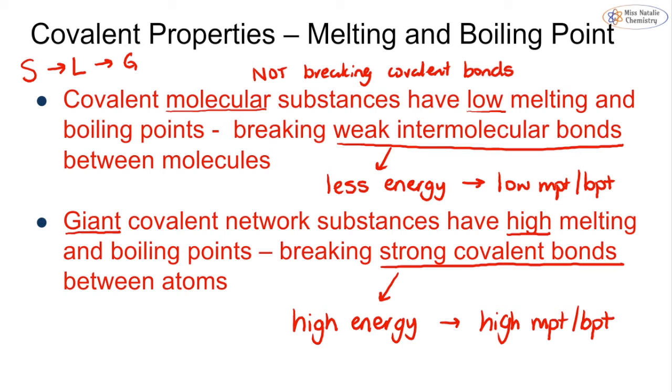So the melting and boiling points are all to do with how much energy you need to break the bonds. For molecular substances, it's the weak intermolecular bonds, so that's a low boiling and melting point. Whereas for giant substances, it's the strong covalent bonds, therefore we need high energy, giving us our high melting and boiling point.